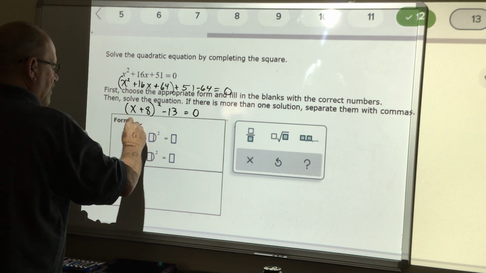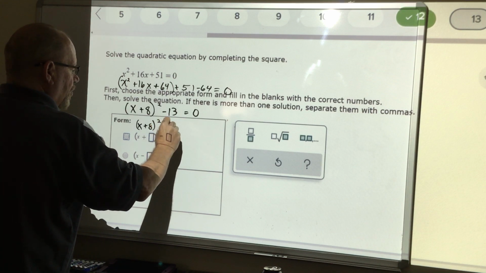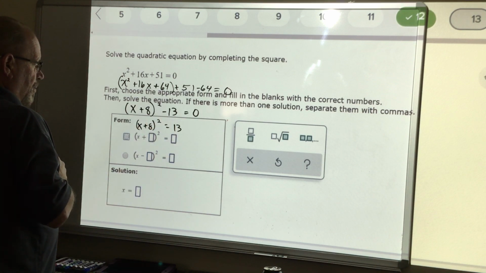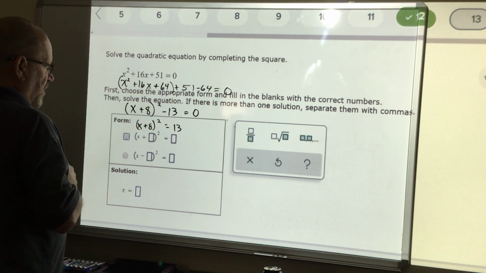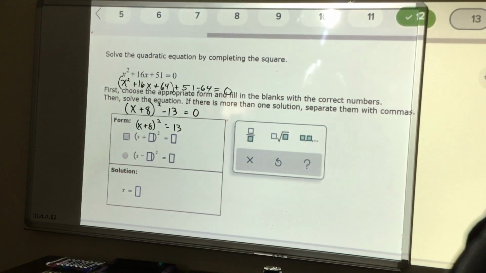So you're going to get x plus 8 squared equals 13. Okay, that's what's going in here. 8 and 13. And that was a plus 8, 13.